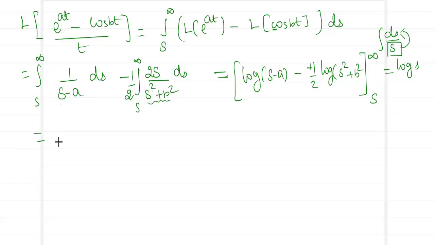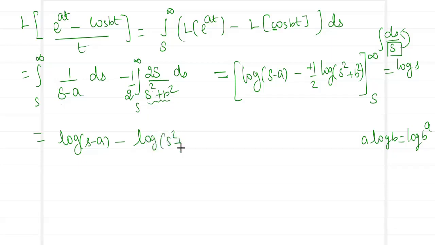Now, in the next step, I can write it as log of s minus a. This half can be taken to the numerator because I know a log b can be written as log of b to the power of a. So, this half can be taken to the numerator as log of s square plus b square whole power half, with infinity to s.